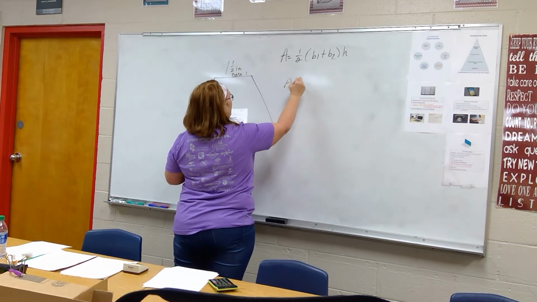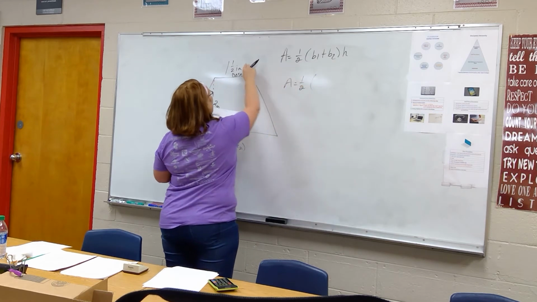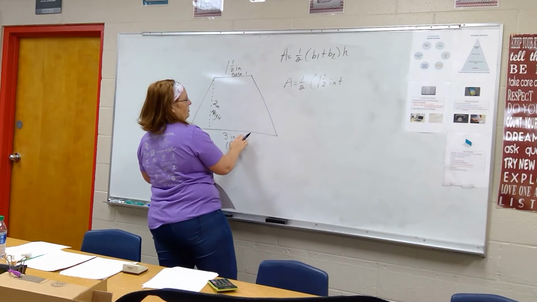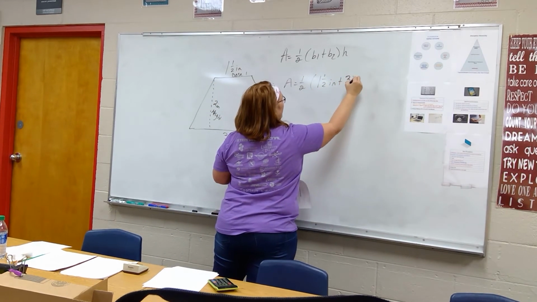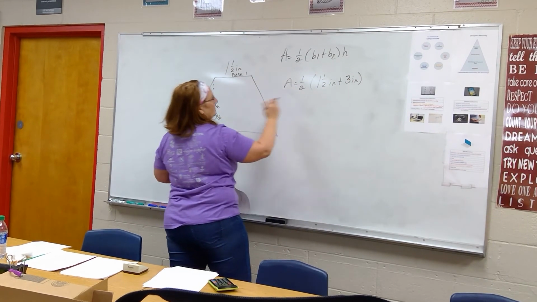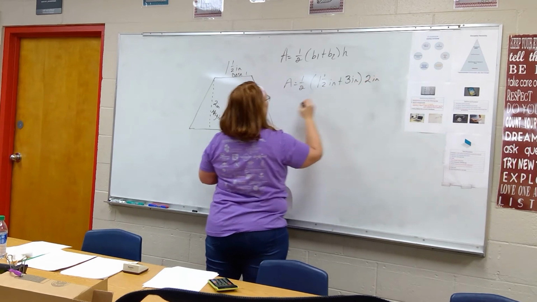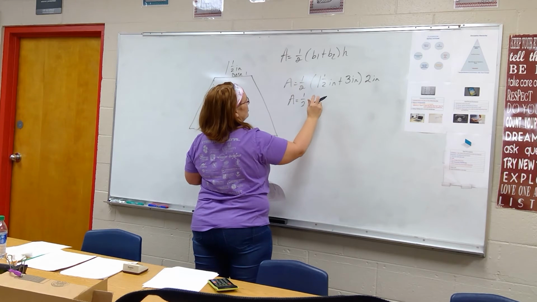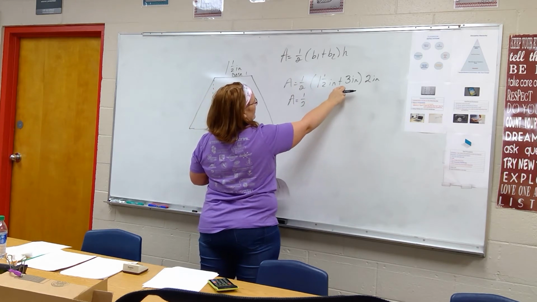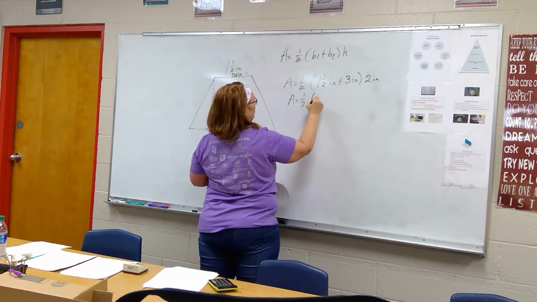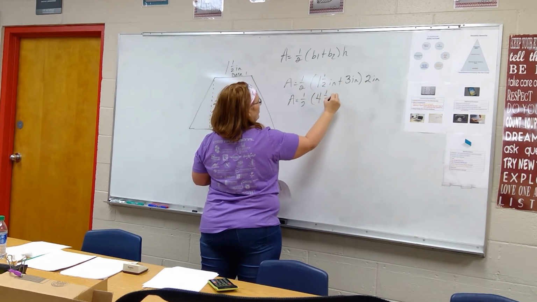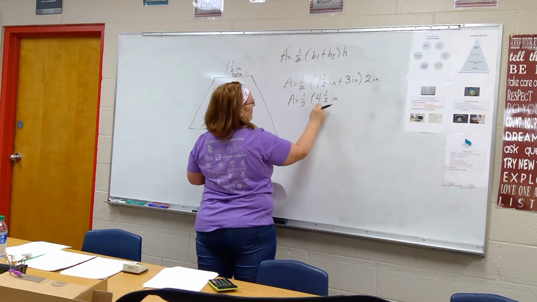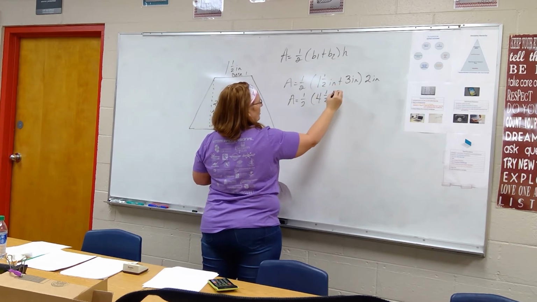So area equals half. Plug in your stuff. Base 1 was 1½ inches plus base 2 is 3 inches, times height was 2 inches. Area equals half, PEMDAS, do parentheses first. 1½ plus 3 inches is going to be 4½ inches, because I added my 2 whole numbers, 1 plus 3 is 4, plus I have a ½ inch.